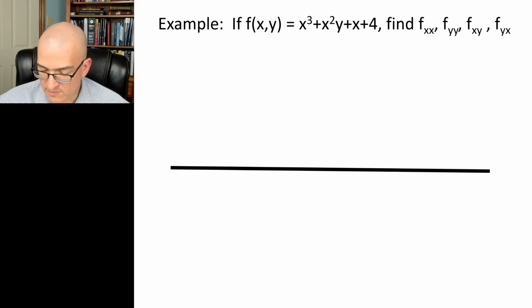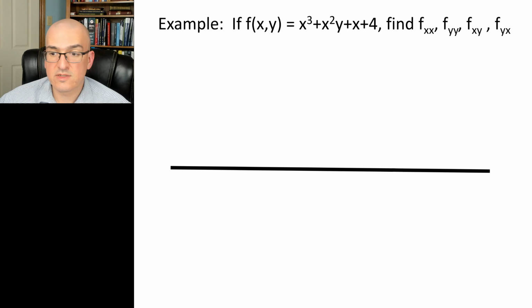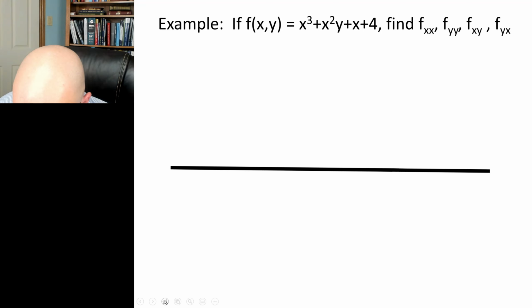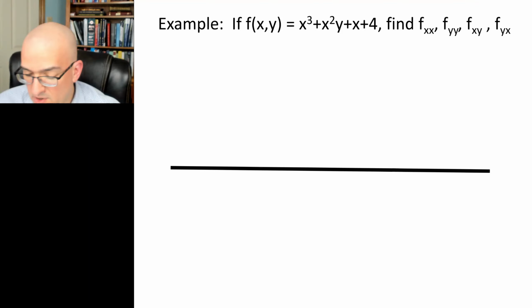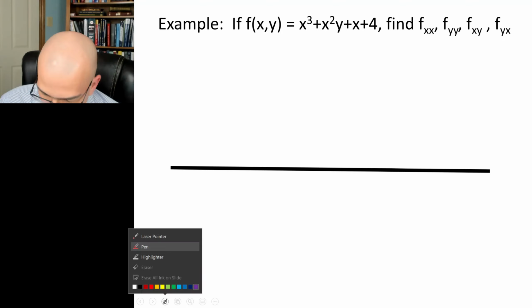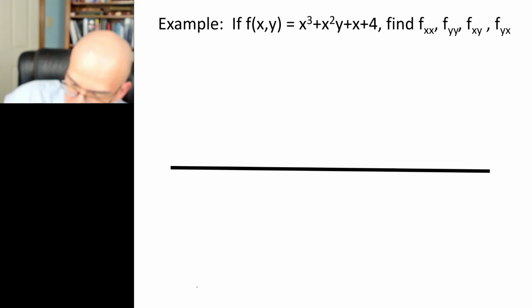Okay, we'll do a set of derivatives here. We want all 4 second partial derivatives, not only the mixed ones, all of them. So we'll start with the first derivative, f sub x.